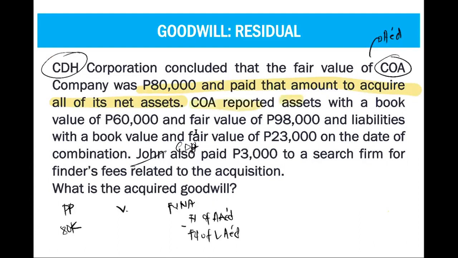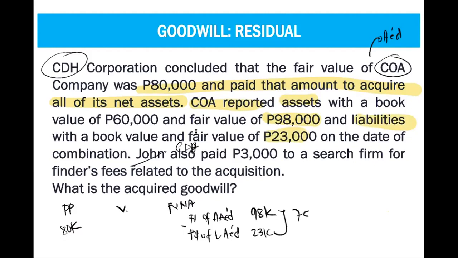So COA reported assets, book value of 60,000, fair value of 98,000. What is the fair value of liabilities of the business acquired? So we have 23,000. That is the fair value of the liabilities as of the acquisition date. So what is the fair value of net assets?